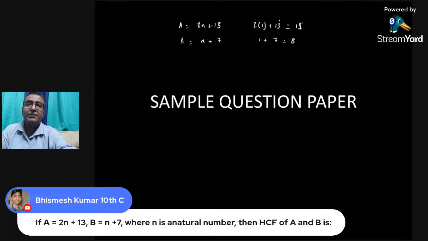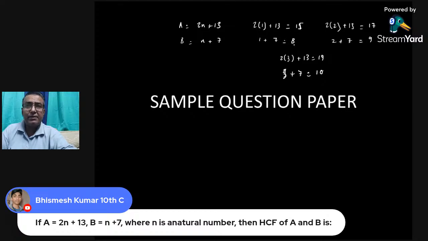If n is equal to 2, we get 2 times 2 is 4, plus 13 is 17, and in the second case 2 plus 7 is equal to 9. If we take n as 3, we get 2 times 3, which is 6, plus 13, which is equal to 19, and in the second case 3 plus 7, which is equal to 10.